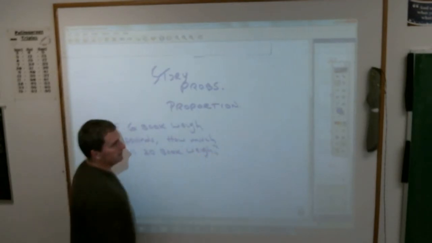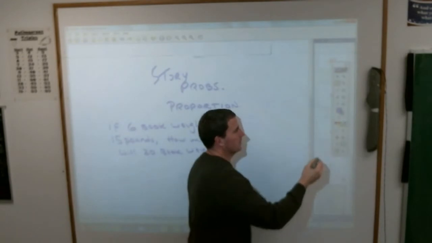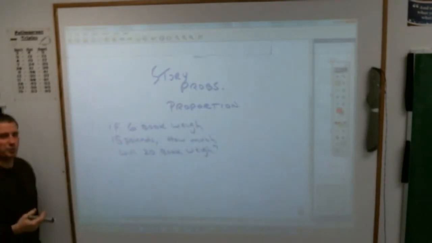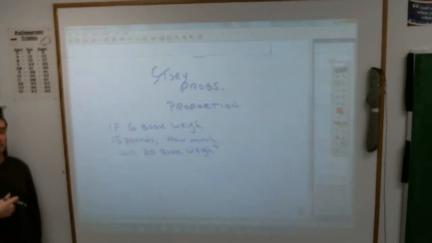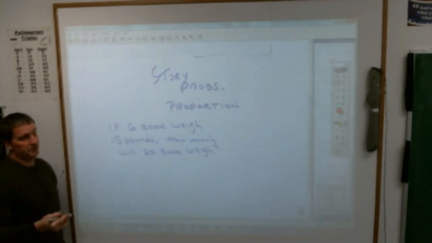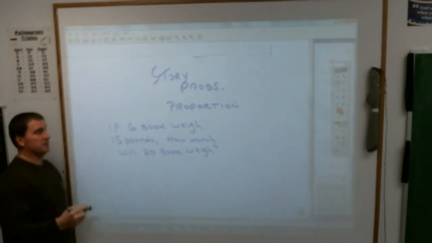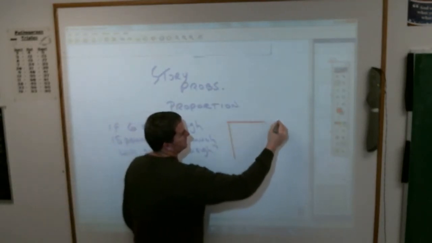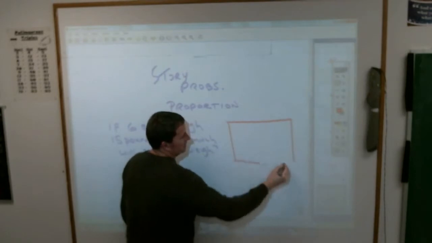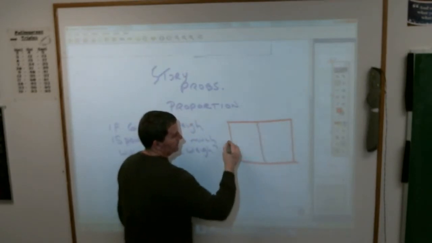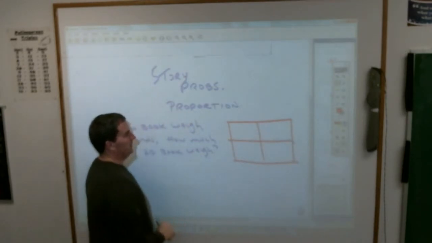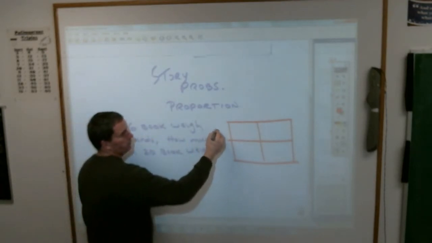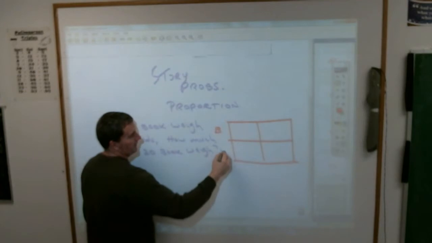And let me strongly encourage you, in this case, a proportion is nothing more than a ratio. So just like we have percent boxes, ratio boxes, proportion boxes, you are going to do the same thing here. You're comparing two things, books to their weight.